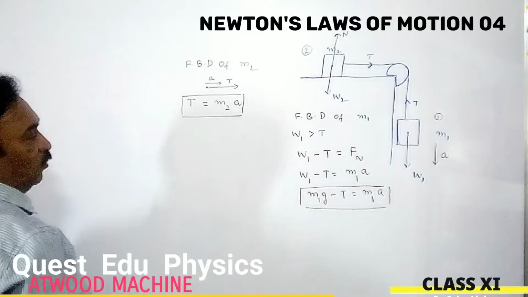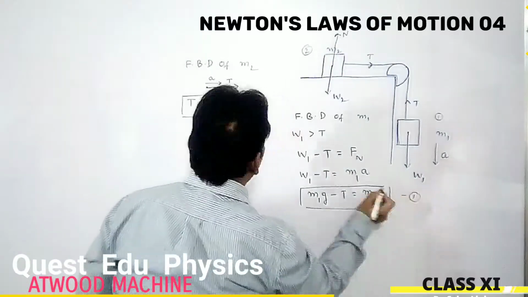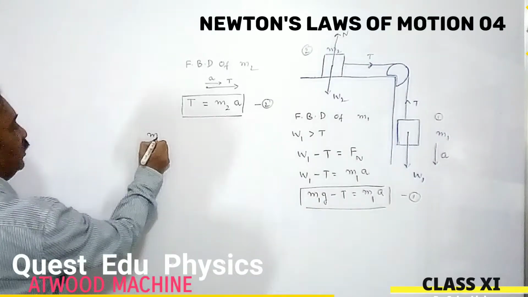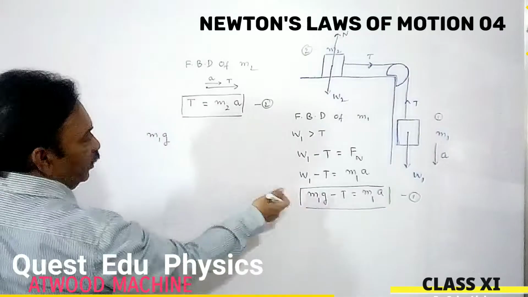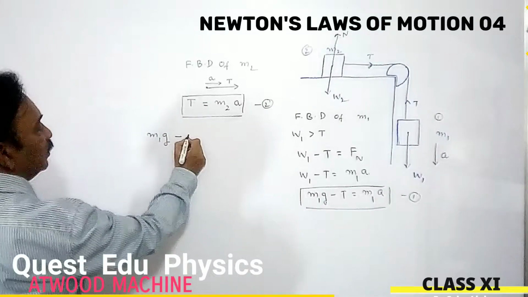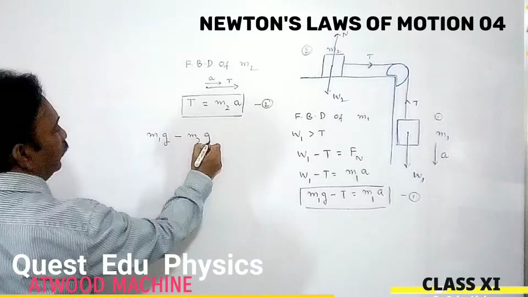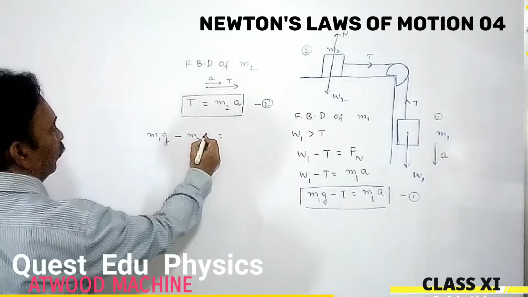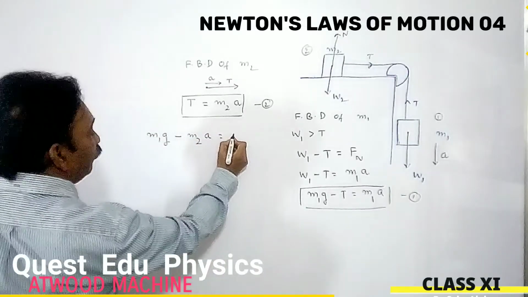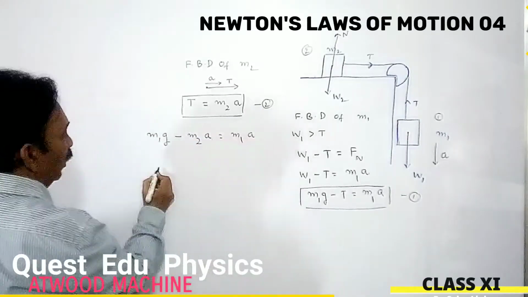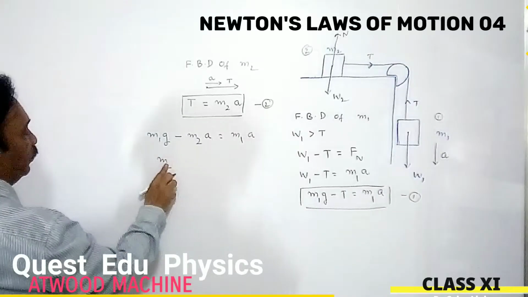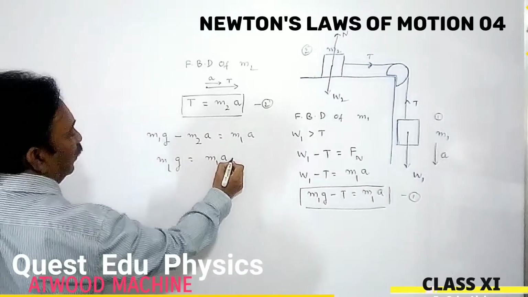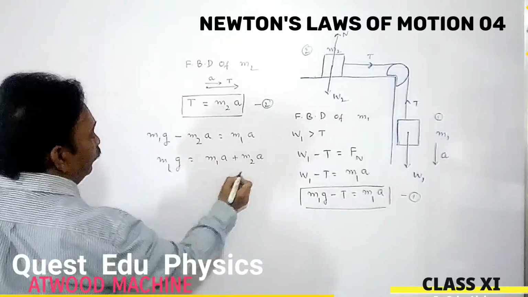Okay students, we are adding the 1 and as well as the 2. What do we get? M1G, and substituting the value, instead of adding, minus M2A, okay, M1A, or it can be written as M1G is equal to M1A plus M2A.